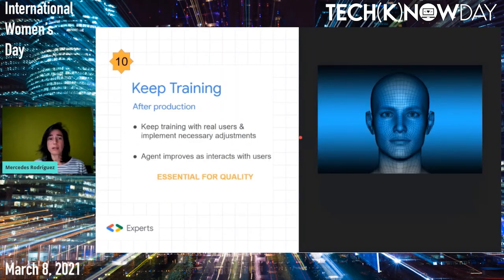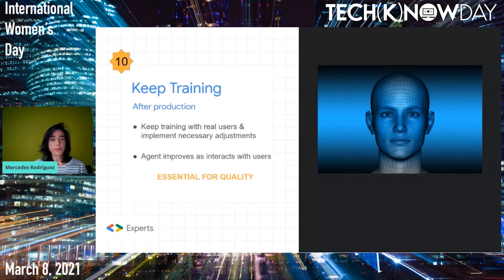And finally, we have to keep training after production. Even if we have already trained our agent a lot, when we put it in production and it interacts with real users, maybe they say things in another way, or maybe there are some questions that we didn't contemplate before. So we should keep training with real users and implementing all the necessary adjustments in order to improve the quality.